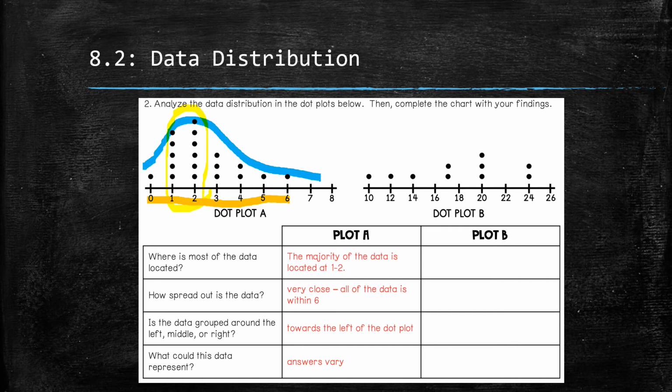Now let's go ahead and look at plot B. Where is most of my data located? So when I'm looking at it, my highest point would be at 20, where I have 3 dots. And how is my data spread? Well, it goes from 10 to 24, but you can kind of see it's kind of spread out evenly.